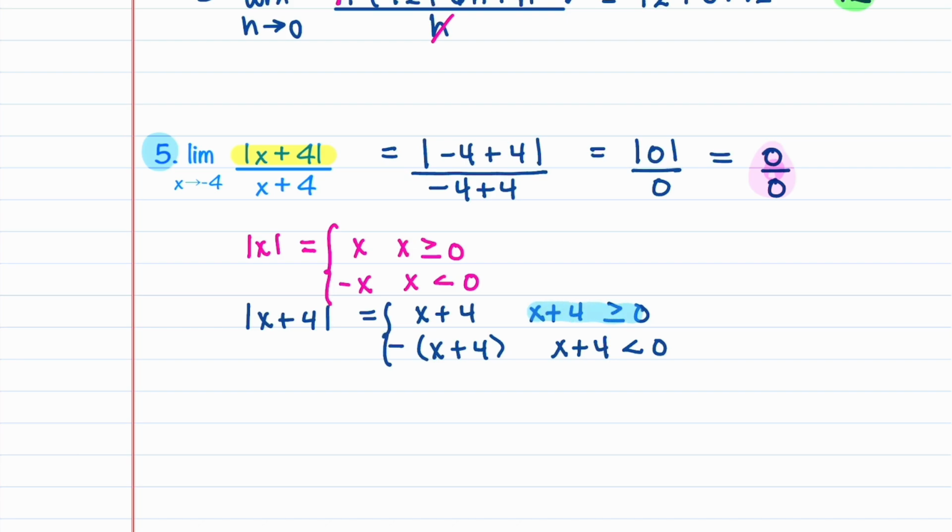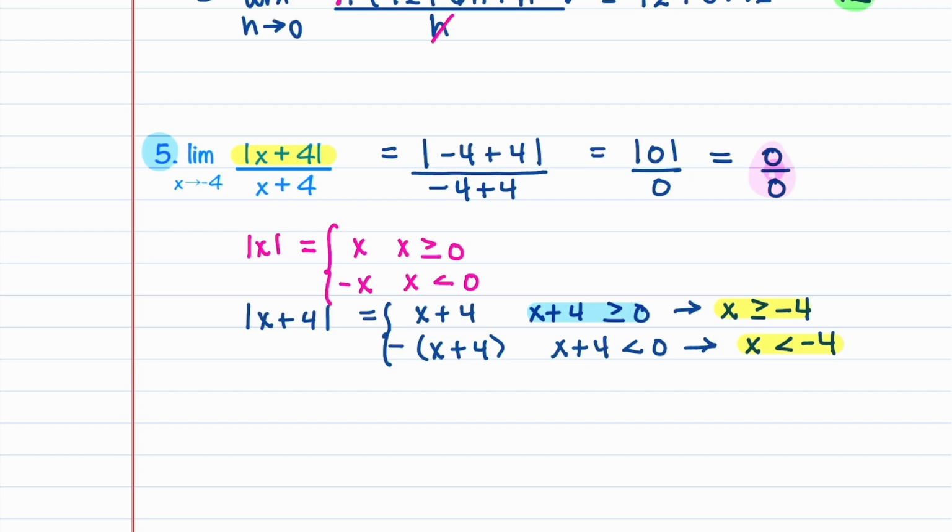Let's now see what this piece is equal to. Let's bring the 4 to the right. So this is just x is greater than or equal to minus 4, and then this piece is x is less than minus 4.